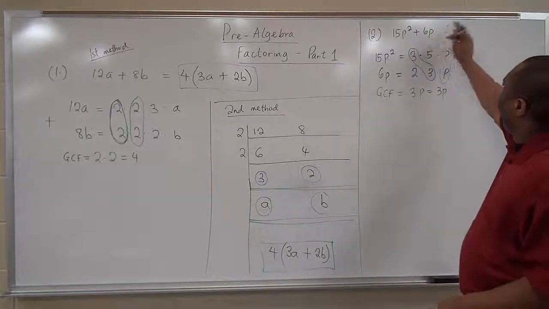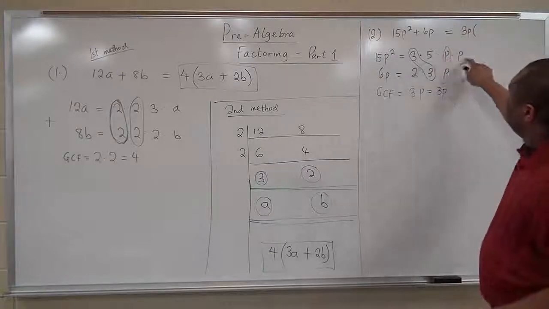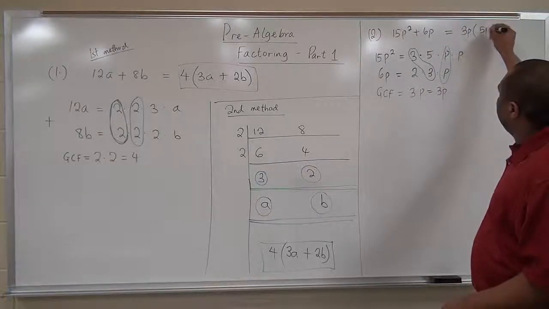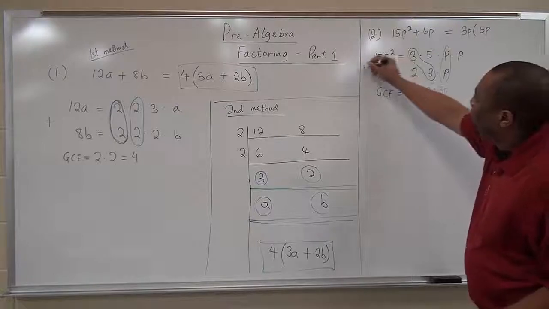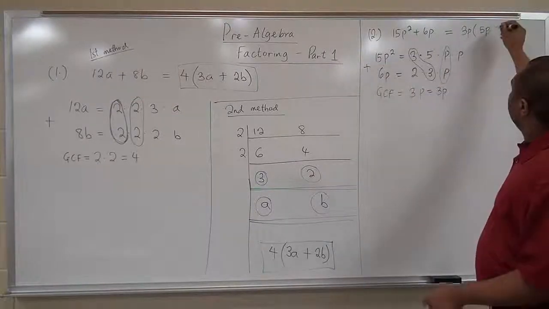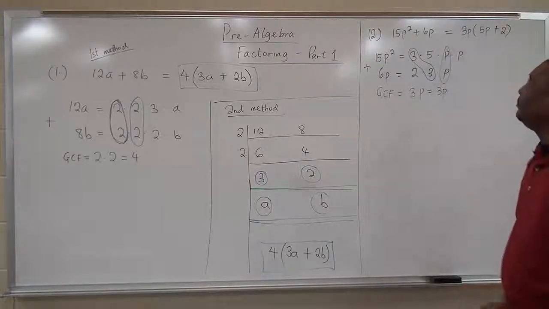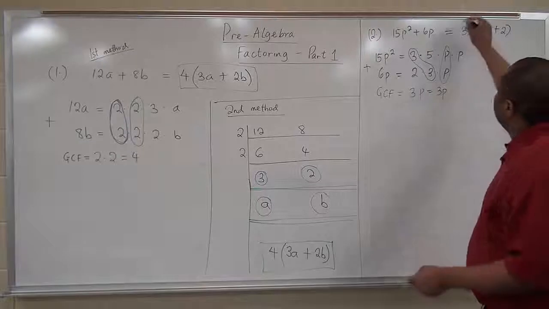So this will now be equal to 3p times what is remaining here: 5p, then plus. If you want to put the plus here, that is up to you. Plus 2, that is it. And this becomes your answer here.